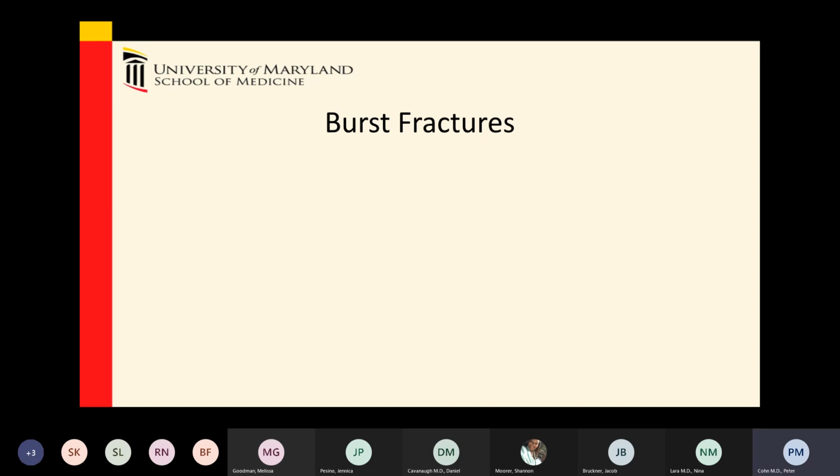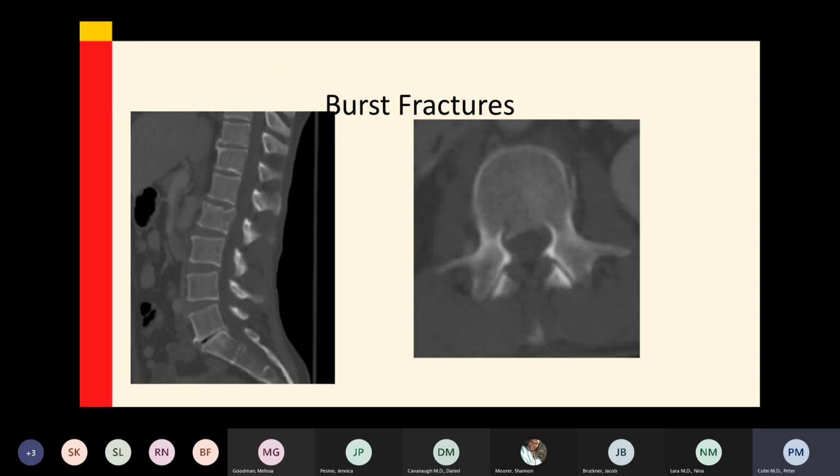So next we'll get into burst fractures. These are really probably where a lot of the controversy lies in terms of surgical versus non-surgical management of thoracolumbar spine injuries. There is a wide range of severity of burst fractures on imaging, at least.